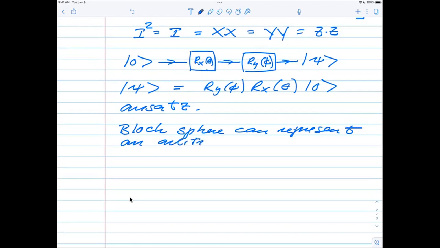So what we are doing now is to set up a general 1-qubit state. You can think of preparing the system in the lowest lying state, 0. So you know that the system is in that state. And from that one, you now prepare a general 1-qubit state through rotations.